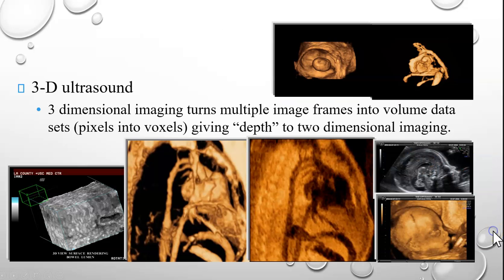When we see that in ultrasound, we can see what appears to be depth on a two-dimensional screen because of rendering. So 3D ultrasound, which is three-dimensional imaging with volume data, gives depth to our two-dimensional images. And so this is a heart complex of vessels that was rendered in order to be seen as three-dimensional.